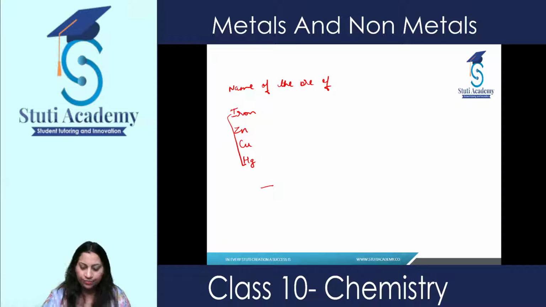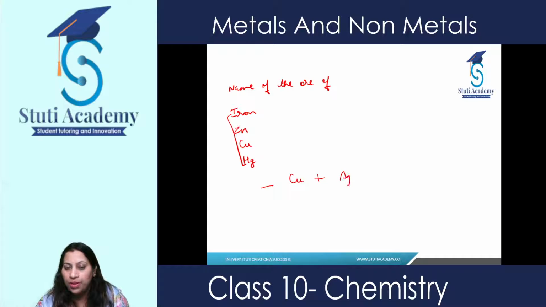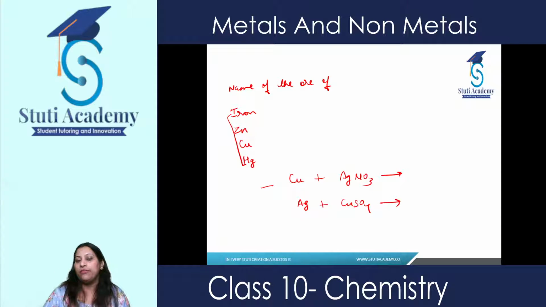Apart from this, what will happen if copper reacts with AgNO3? Or if silver reacts with copper sulfate? Now write your answer in the comment section. What kind of reaction can take place if these two substances combine together?